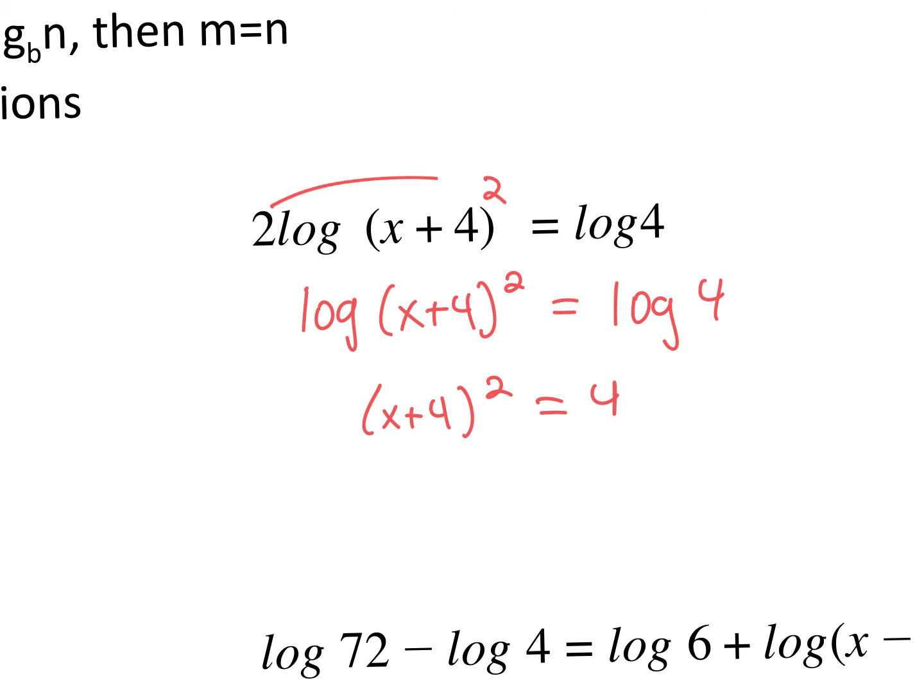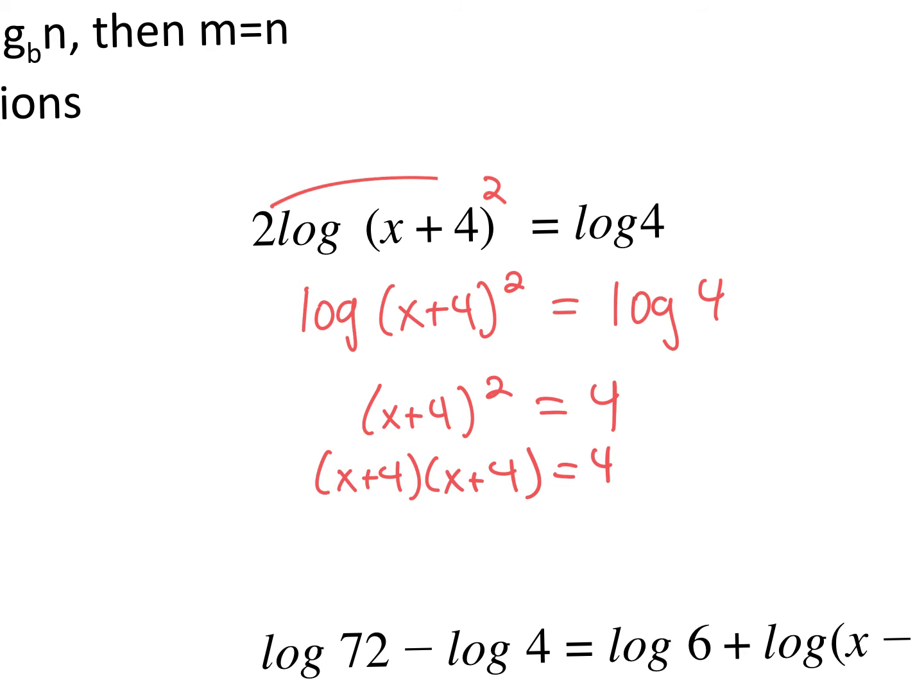Think about what the definition of squaring something means. If I square a number, what am I doing? Timesing it by itself. So if I'm squaring x plus 4, that's (x plus 4)(x plus 4). And how would we simplify the left side then?